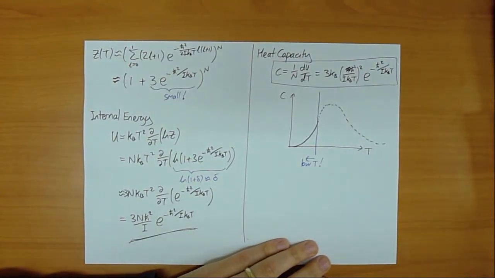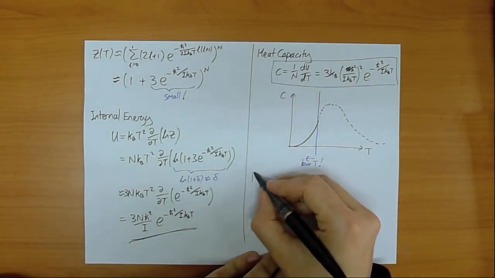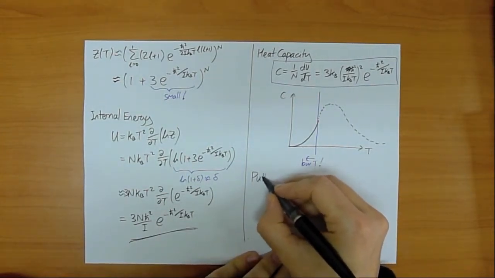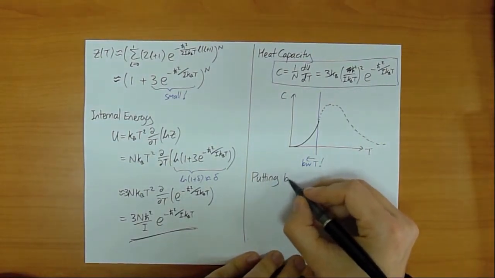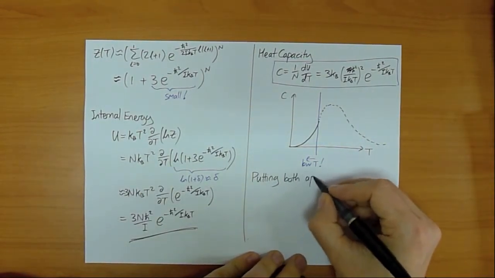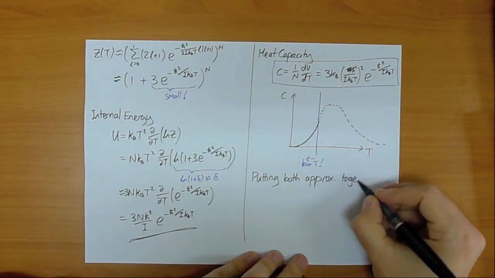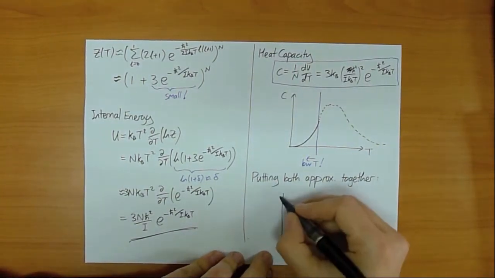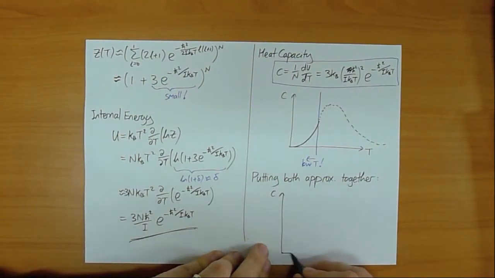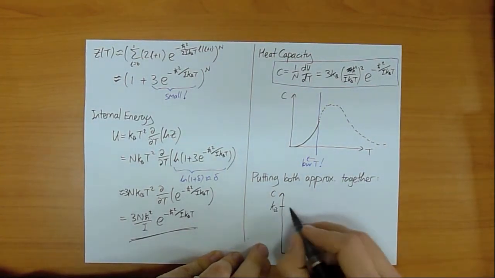Now putting both of these results together, we can predict the final shape for the heat capacity. So putting both approximations together, we have the following graph. I know that for high temperatures the heat capacity is just equal to the Boltzmann constant.